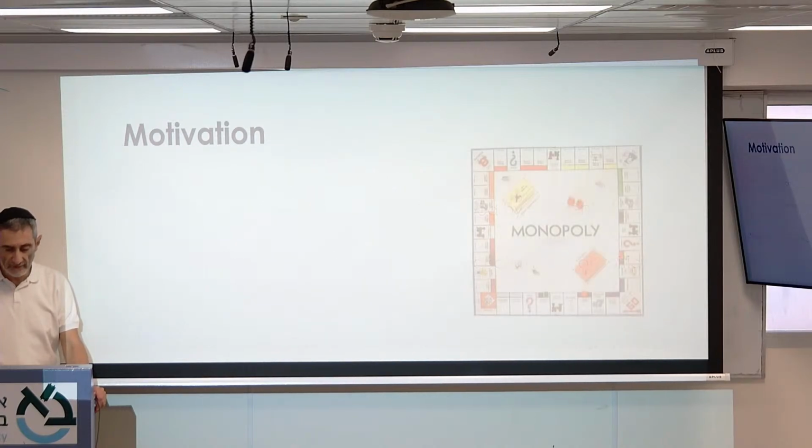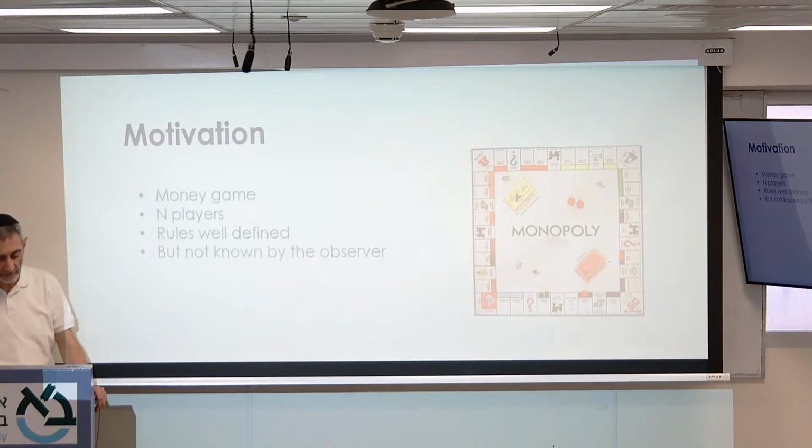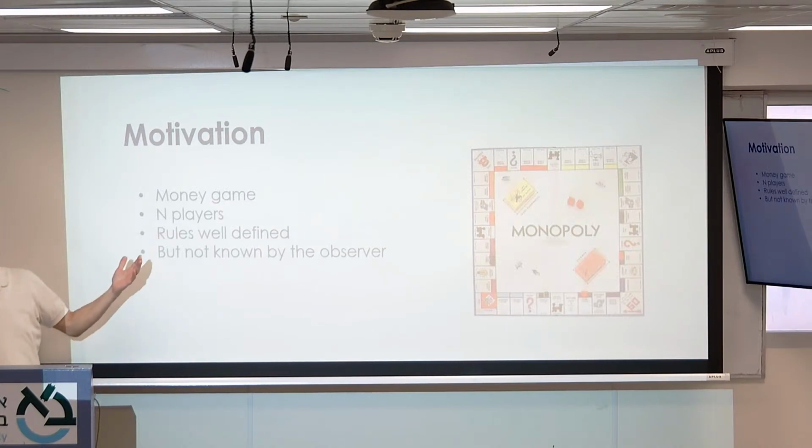So to illustrate that, let's consider a game, a money game, for instance. You have a number of players, and there are well-defined rules to play the game. But you don't know the rules, so you observe the game, and you want to guess what the rules of this game are.